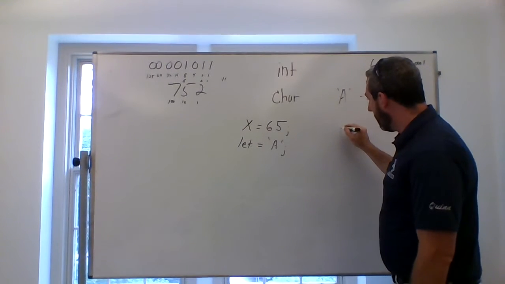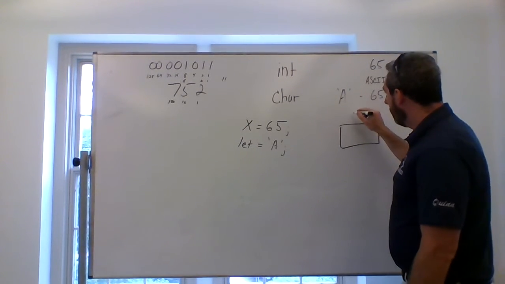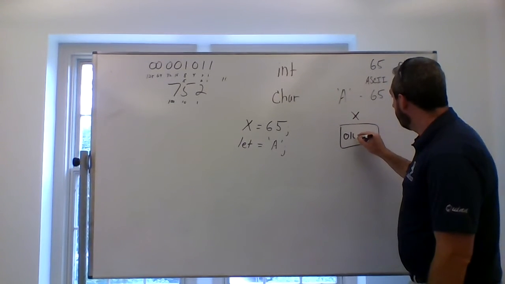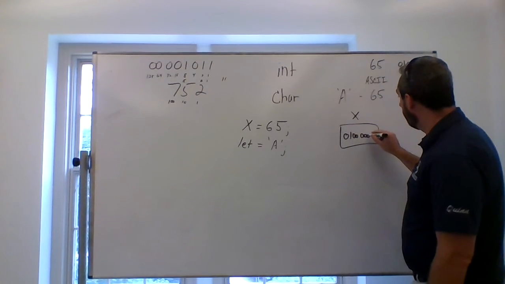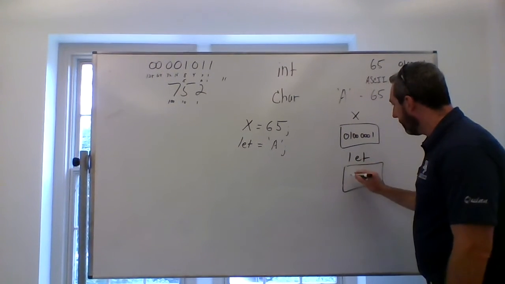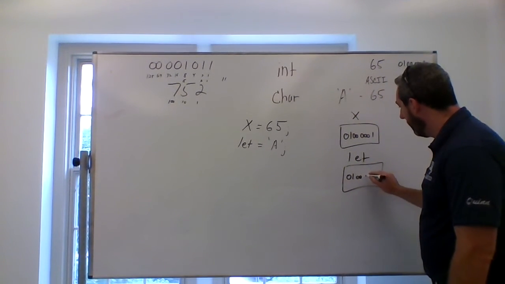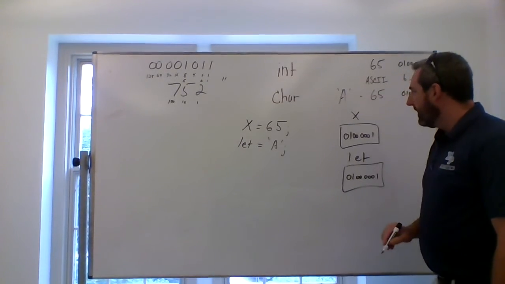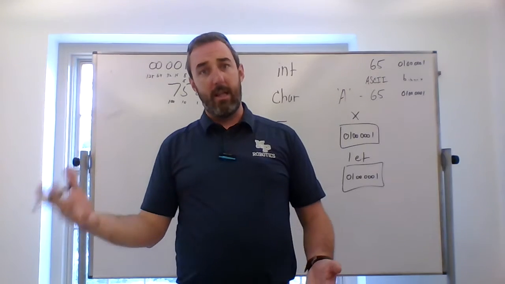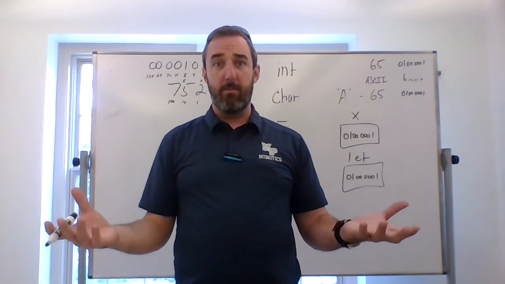So I'll have some block somewhere in memory that I label X, and in it I'm going to get 0, 1, 0, 0, 0, 0, 0, 1. I'm going to have some position in memory labeled let. That gets the binary 0, 1, 0, 0, 0, 0, 0, 1. So how is my program to know that one is meant to be the letter A and the other is meant to be the number 65?